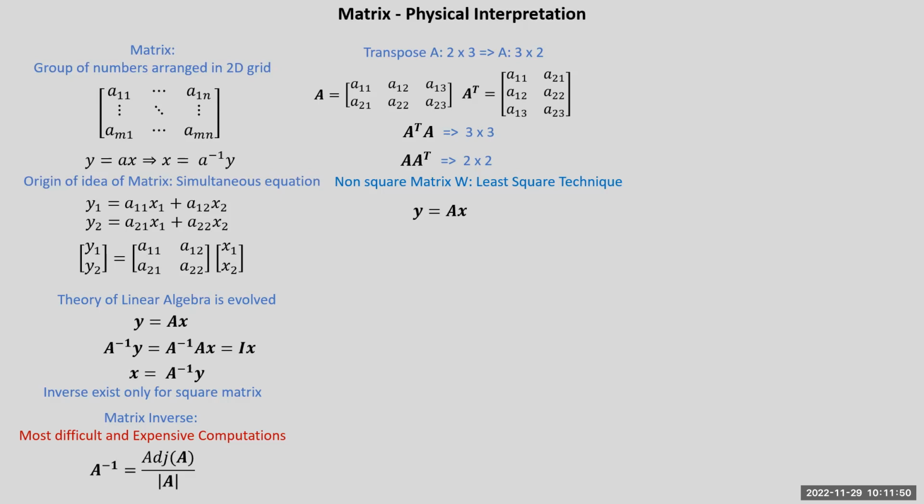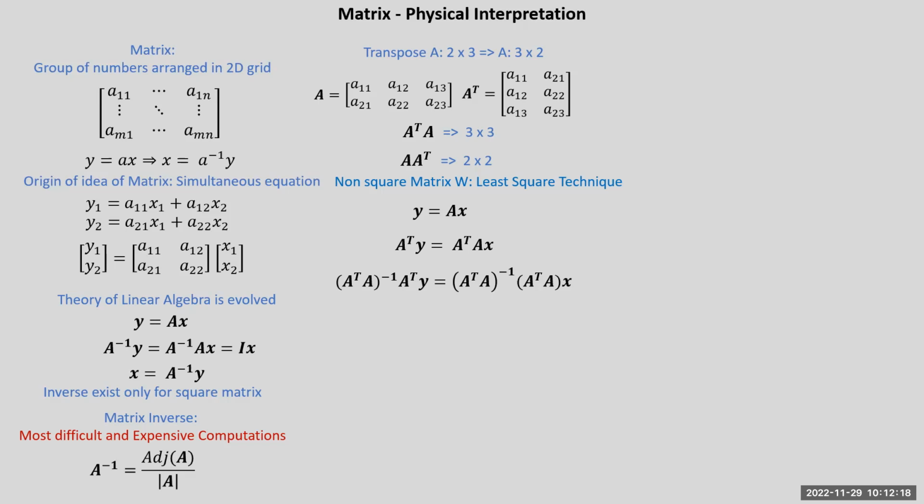When you multiply a matrix with A transpose on the left hand side or on the right hand side, you can convert it into a square matrix. Now in this case, we'll multiply A transpose on the left hand side, and then we can compute the inverse of a matrix. Now here A transpose A is a square matrix, and now the inverse of A transpose A exists.